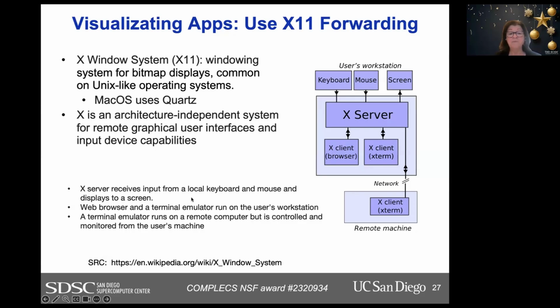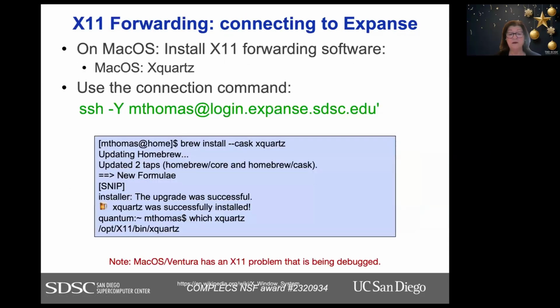And as long as everything works, it's great, and you can get it running, but sometimes it doesn't work as well as we'd like. And the Mac OS systems from Ventura on, they do have an X11 problem that they should debug, but they aren't. That said, every now and then I can get it to work, so I'll show you some working examples, but I won't guarantee that they work tomorrow.